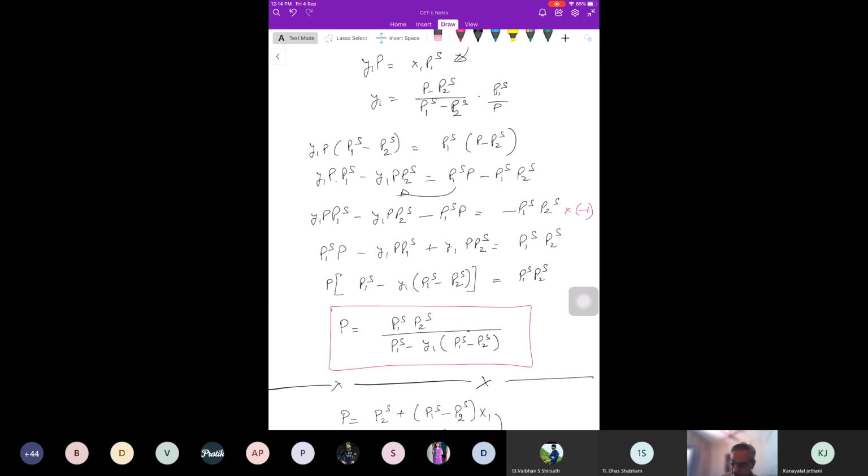You already have data at 330, right? You have P1S and P2S at 330. Use that and see what pressure you get. So you already have P1S and P2S at 330 Kelvin. Use that and find out total pressure for Y1 equal to 0.4. Can you do that?